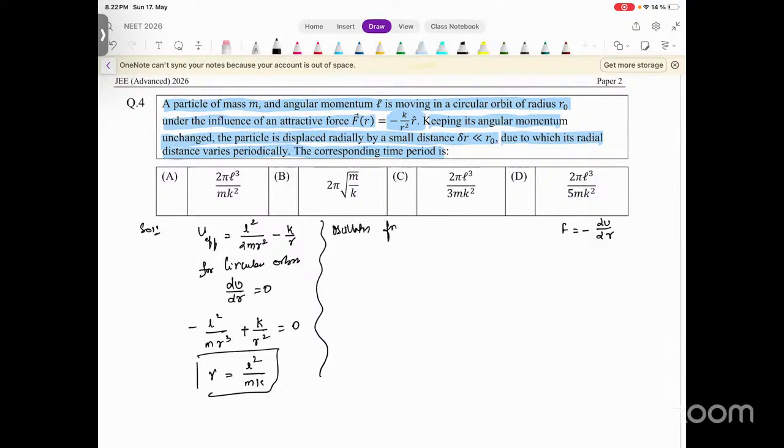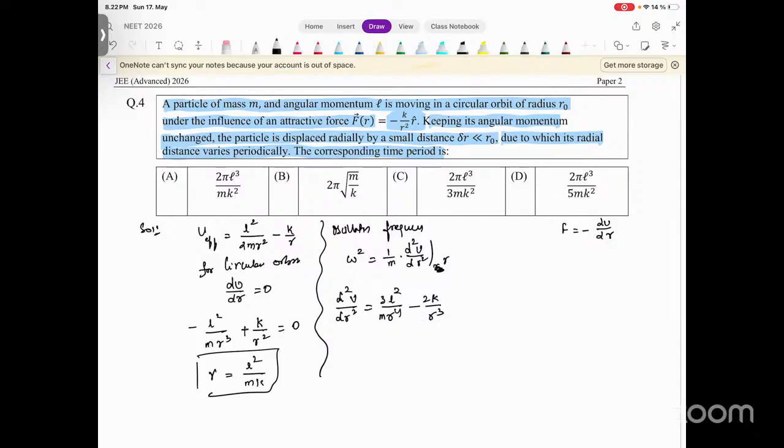Now, oscillation frequency, you already know it. Omega square is equal to 1 by m into d square u divided by dr square, the limit will be equal to r naught, or r you can take basically. Okay. So d square u divided by dr square will be equal to 3L square divided by m r power 4 minus 2K divided by r cube.